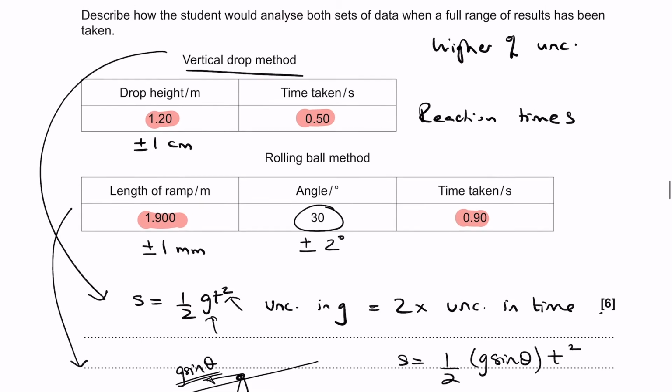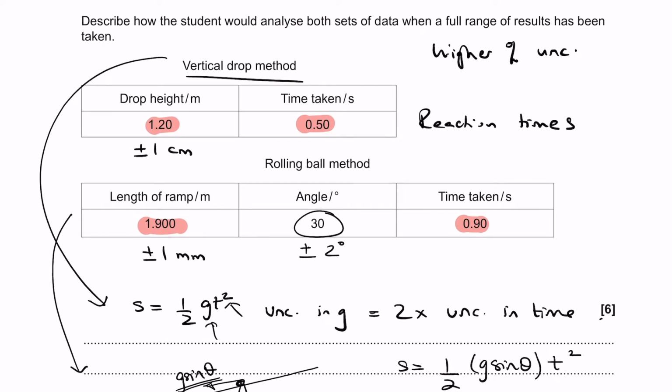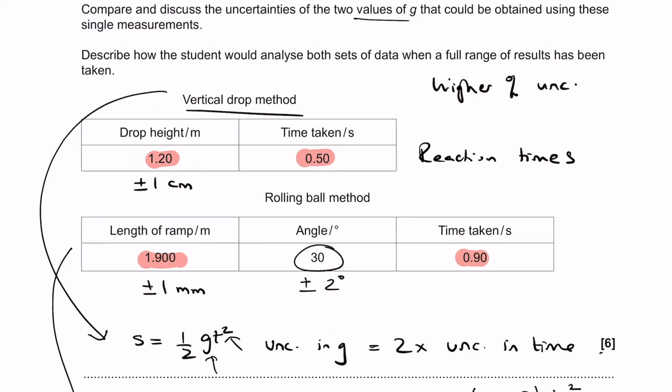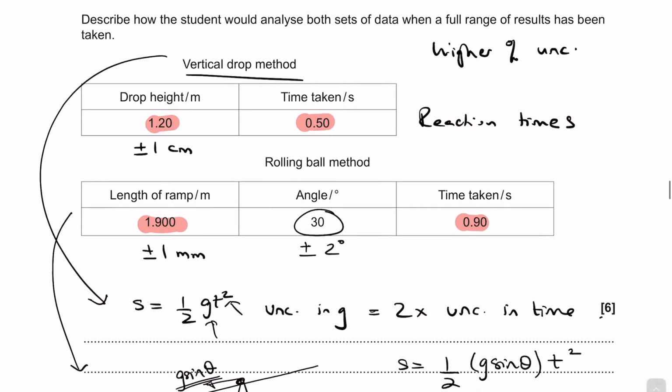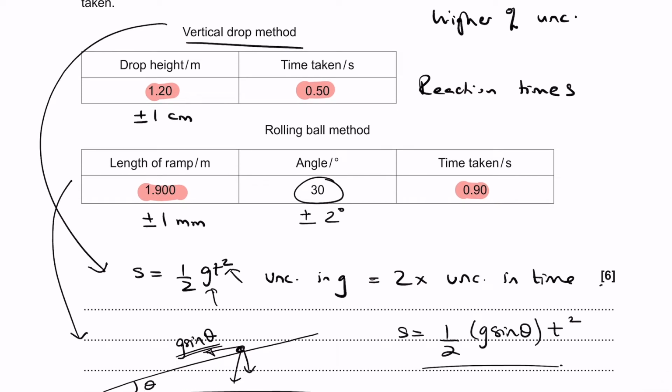Uncertainties wise, I think there's one more element of uncertainty, which is the friction, and that is due to the surface of the ramp. There could be friction, which is going to bring in an element of error.